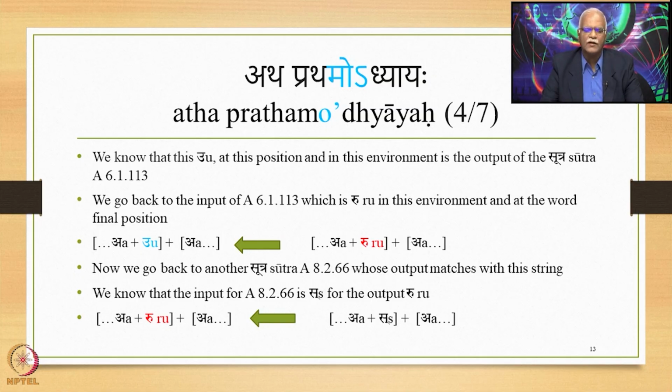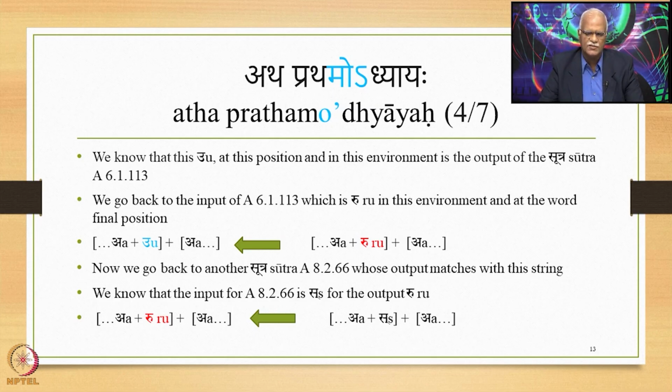So now we go back to the input of 6.1.113, which is Ru in this environment and at the word final position, and so we get A plus U plus A as the substitute or the sandhi, and we go back to the input, and that input is A plus Ru plus A.